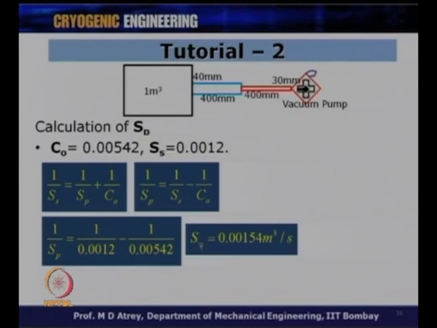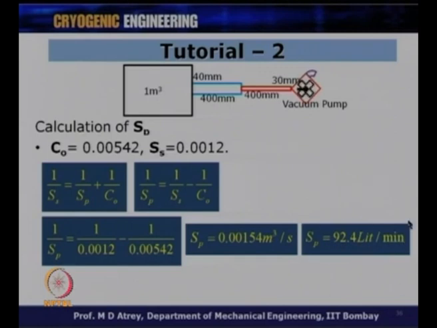So, SP is going to be 0.00154. This is my pumping speed, and converting that into liter per minute, SP is 92.4 liter per minute. So, I should choose a pump which has a pumping speed around this, ideally, theoretically. Actually, I should also collect all the outgassing in the connections, and therefore I should have a pump with a pumping speed at least 50% more than this.